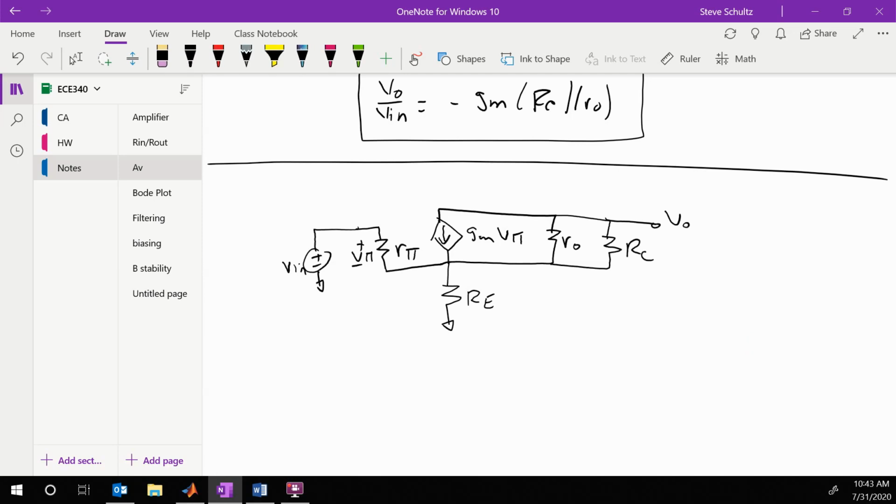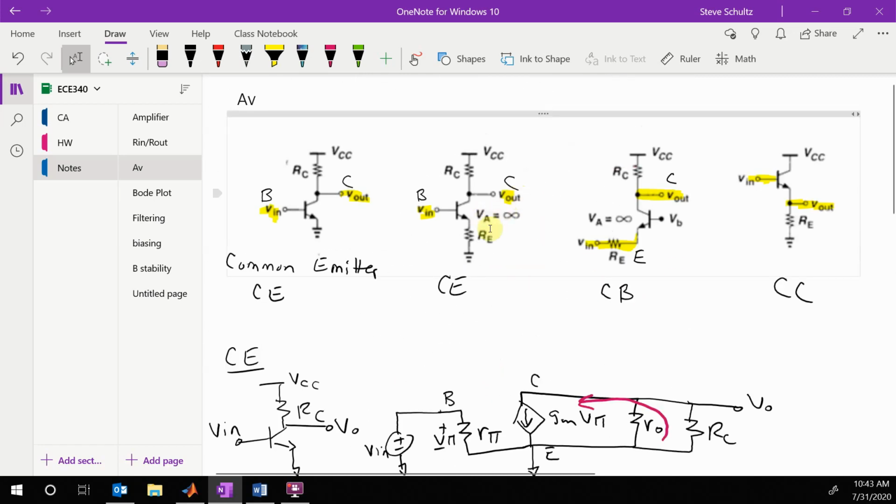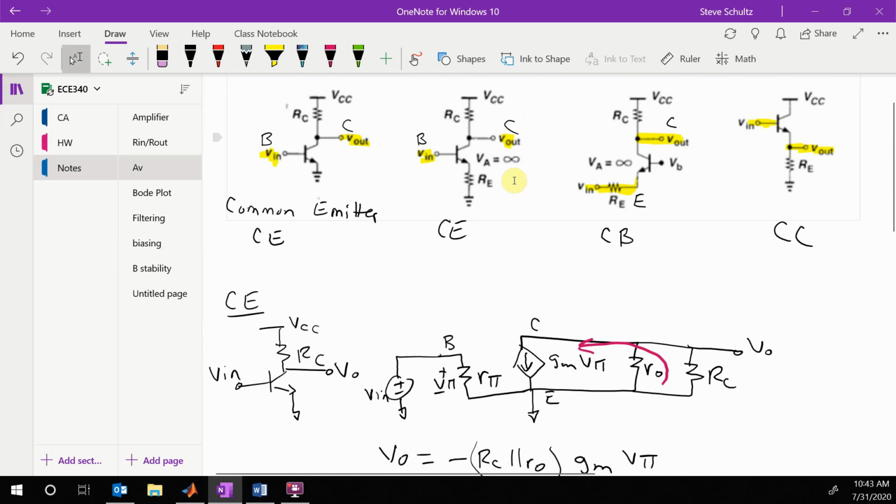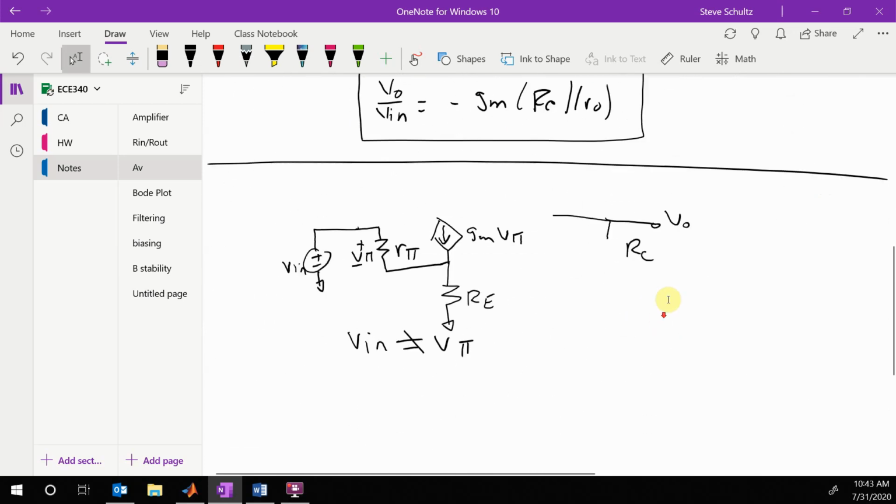Okay, so now this one makes it a little bit messier because now we see that V in is not equal to V pi. So we have to figure out how V in and V pi are related, because we see right here, except for this, in this case, we are getting rid of our RO. And our RC goes to ground, not to the other case. So this looks like this.